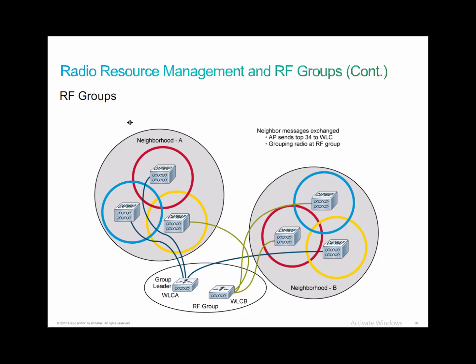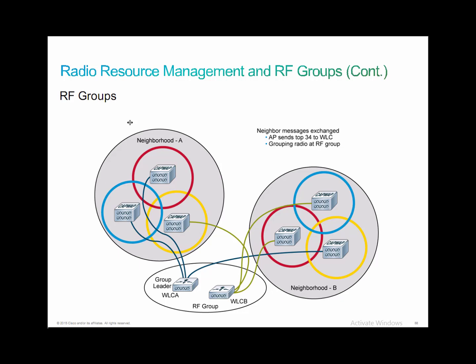So only one controller is really making decisions based on that configuration. The actual RRM algorithm makes sure that we have restrained channel and power scheme changes appropriate to the different local RF neighborhoods, and so on.